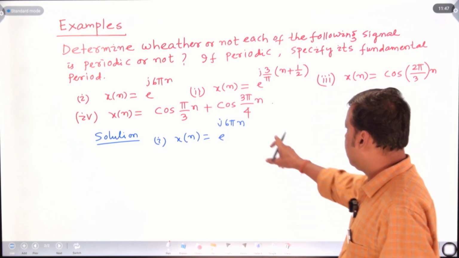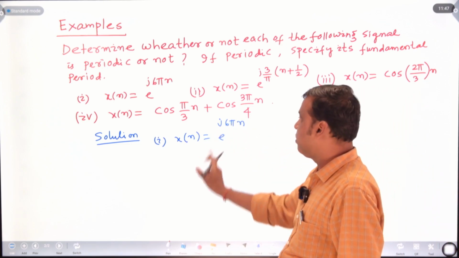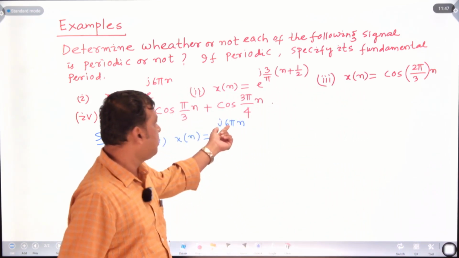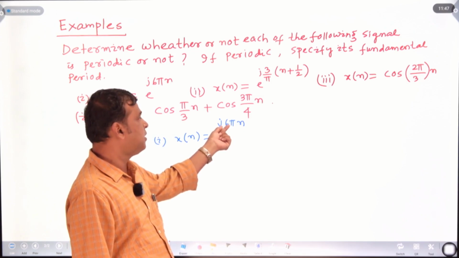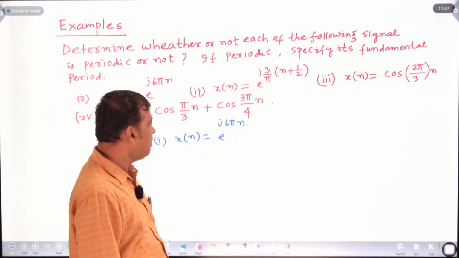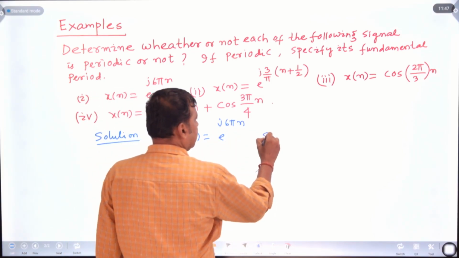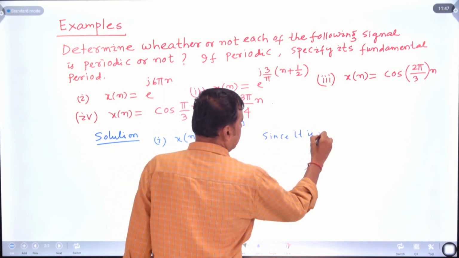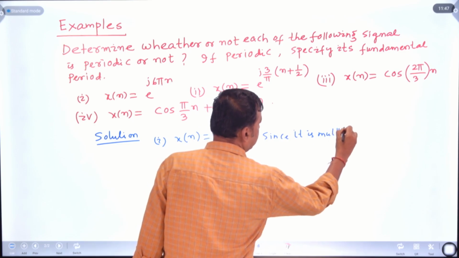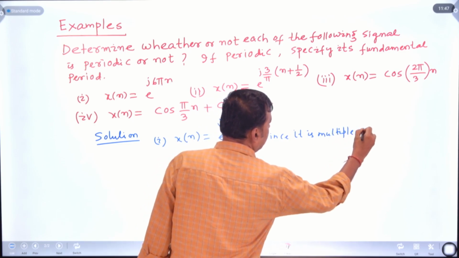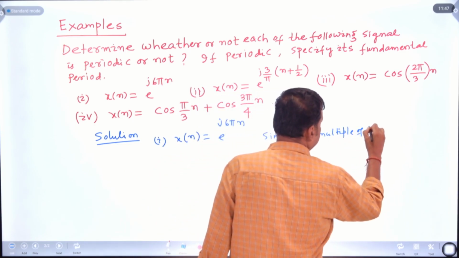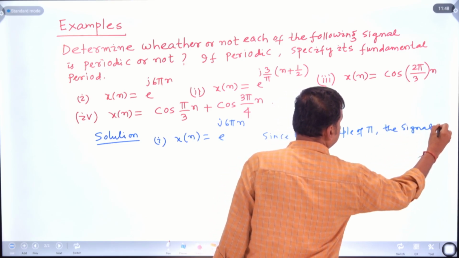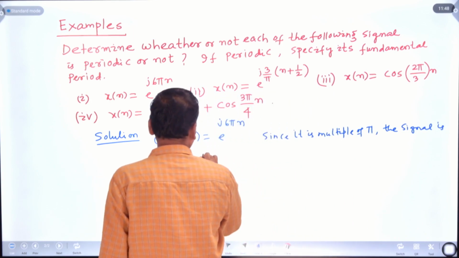Since it is a multiple of pi, we can say that the signal is periodic.